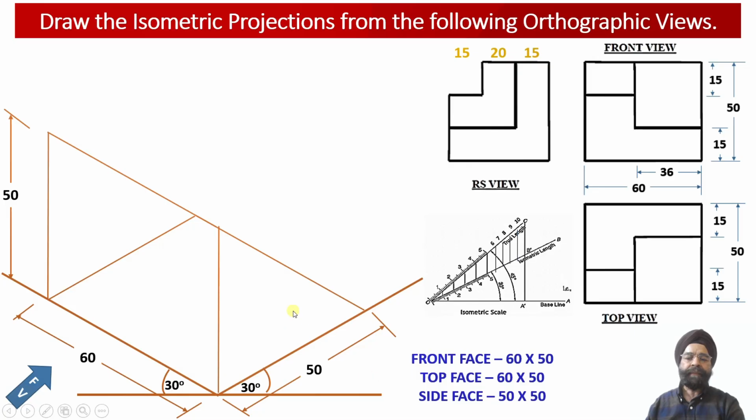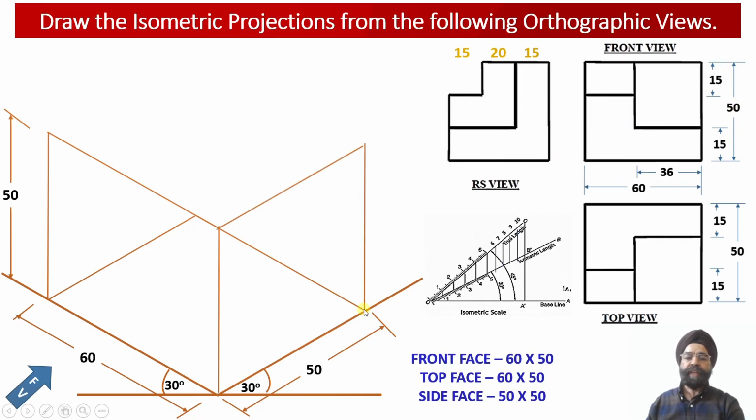Now let us complete the right hand side face construction of this particular solid. We know that the side face is going to measure 50 millimeter by 50 millimeter. 50 millimeter is the width available here, and 50 millimeter height corresponds to the front view height which we have been provided.